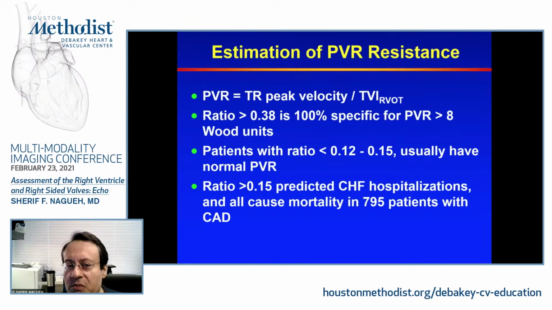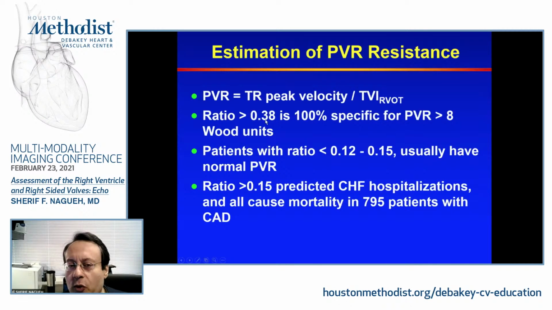As you know, this is mean PA pressure minus wedge pressure. So to replace it by peak TR velocity, not even PA systolic pressure, is a big approximation, divided by the time velocity integral of RVOT as a surrogate of flow. Again, you do not have the diameter included here, so it's not the complete flow.